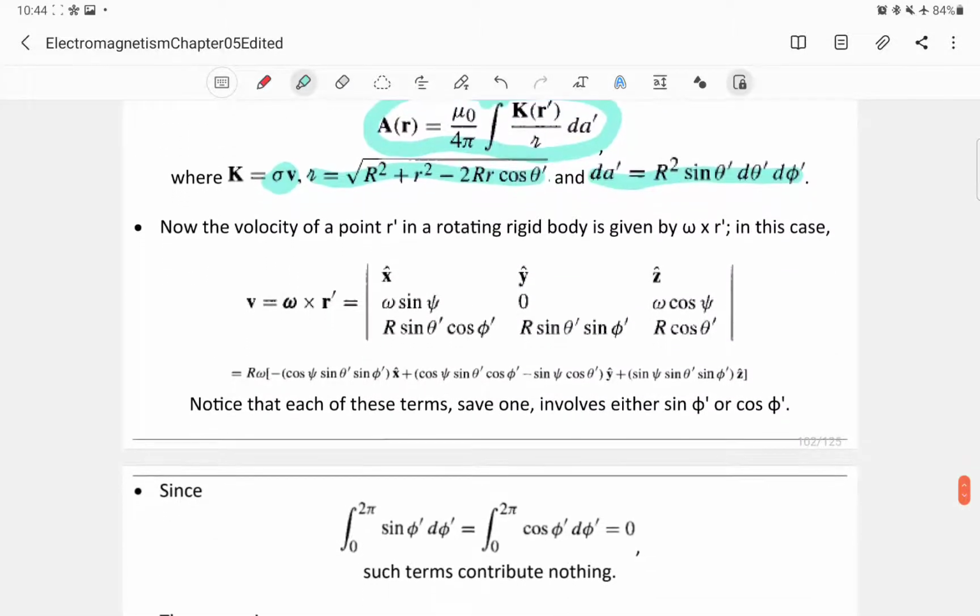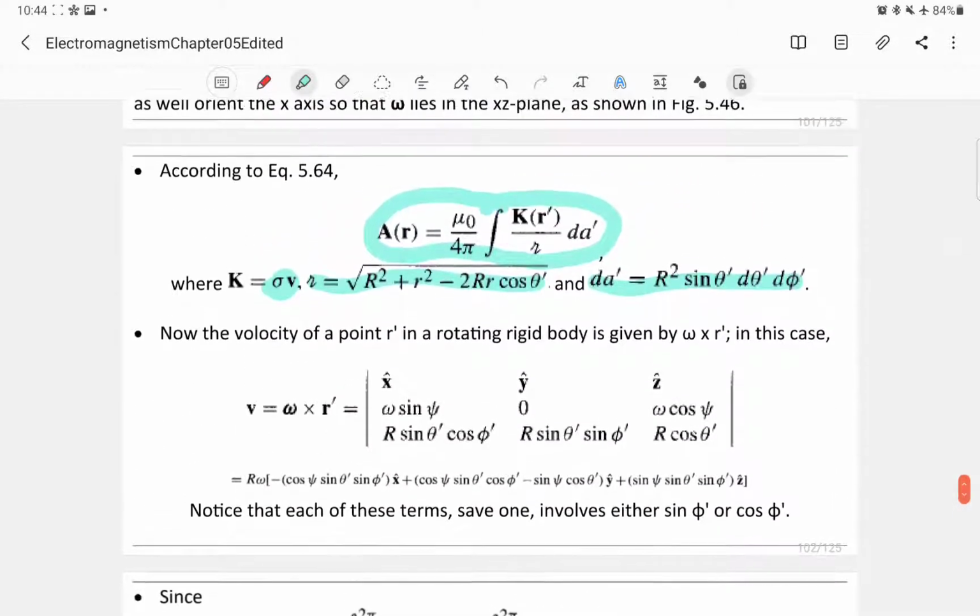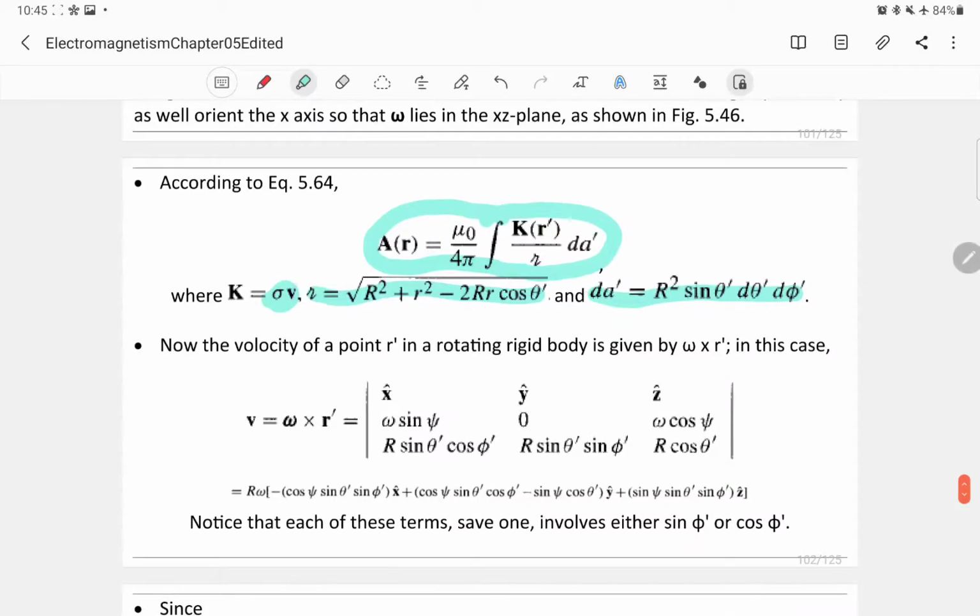So now of course our V here is just equal to omega cross r prime. You can review your classical mechanics for that.